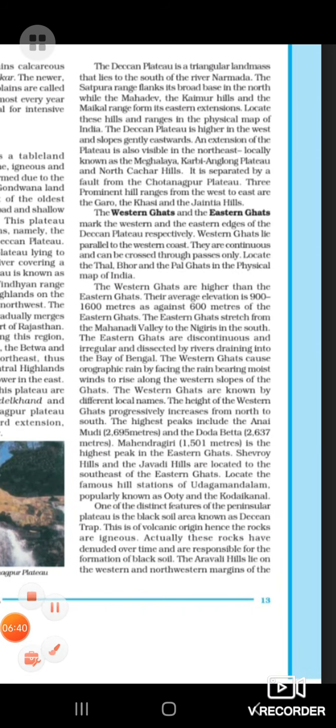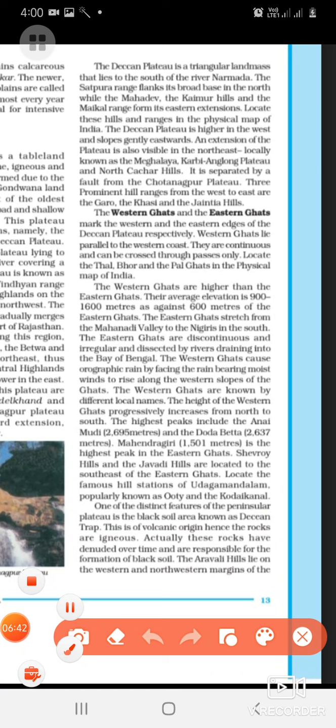This is a special type of rain in which the winds carry rain. The Western Ghats are known by different local names, which are very famous. The heights of the Western Ghats progressively increase from north to south.